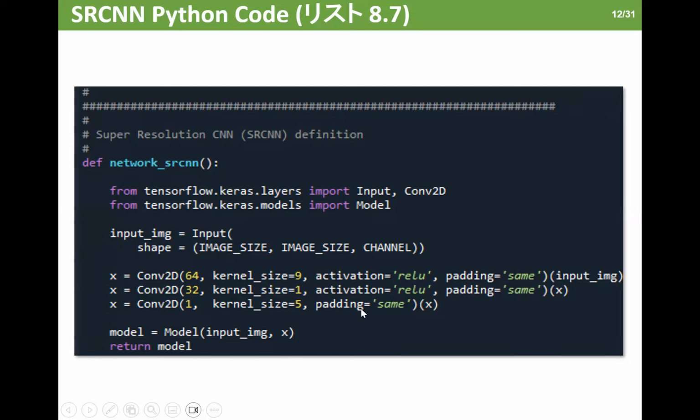Notice that we don't have a sigmoid function here. Before, when we were doing binary classification, the final layer had a sigmoid, but here the final layer is just another convolution. So this is going to output an image. Everything else should be pretty much the same.